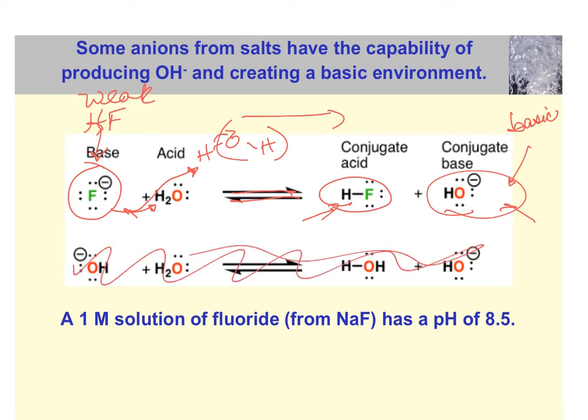Just to give you an example, if we made a 1 molar solution of sodium fluoride, the pH would be 8.5. And that would be exclusively from the fluoride ion reacting with water to produce one of the products being hydroxide.